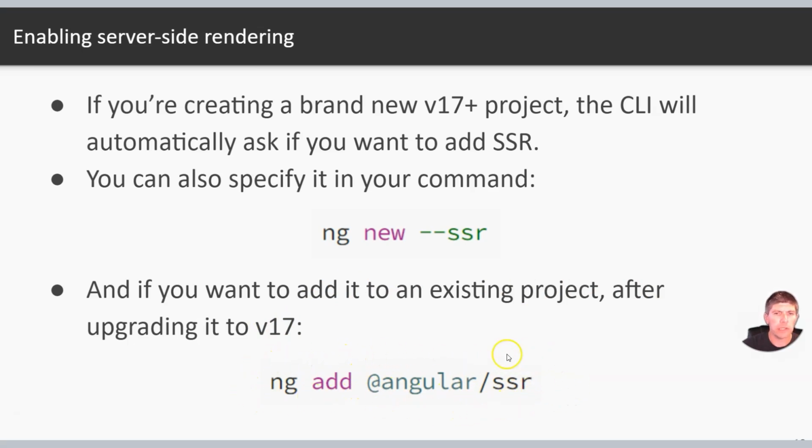You run that command and you're good to go. Your project becomes server-side rendering compatible, and you don't have to change anything else. The schematic here is going to change your project structure automatically to add support for server-side rendering, and it's going to be enabled by default.